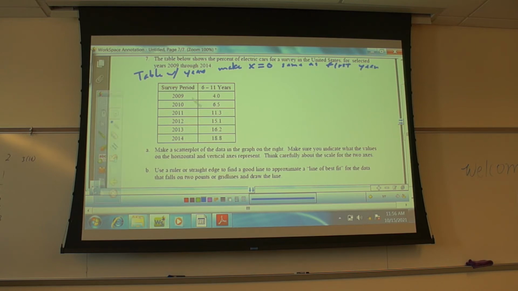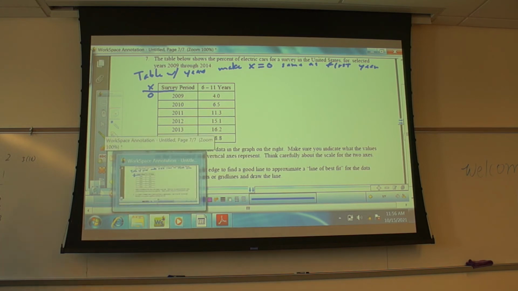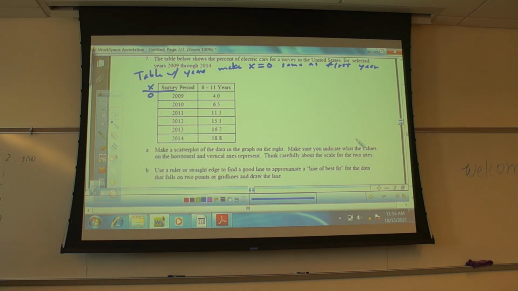So what I mean is, here's my x, 2009 is going to be 0. Which means 2010 is what? So figure out what all the rest of your x's are. Do that first. Just make life easy.